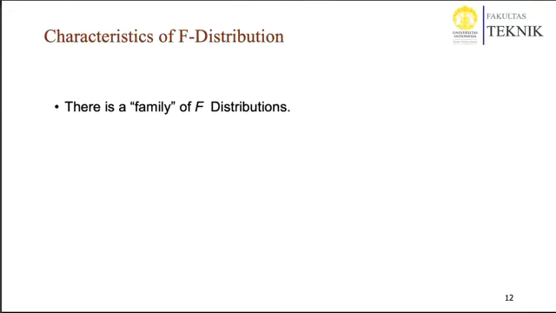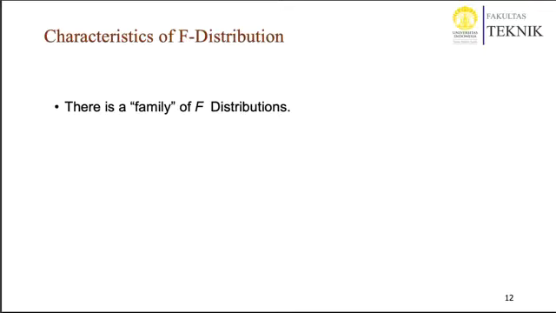First, we can use the F distribution. Each member of this family of F distributions is determined by two parameters: the numerator degrees of freedom and the denominator degrees of freedom.